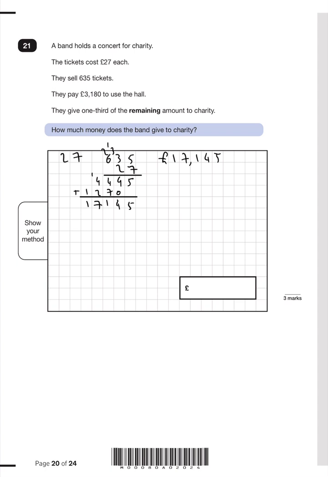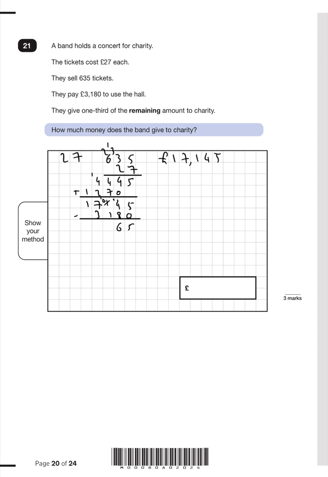They pay 3,180 to use the hall. So we're going to subtract 3,180. Let's do that over here. 5 minus 0 is 5. 4 minus 8 we can't do, 14 minus 8 by making this one a 0, which is 6. 0 minus 1 we can't do.